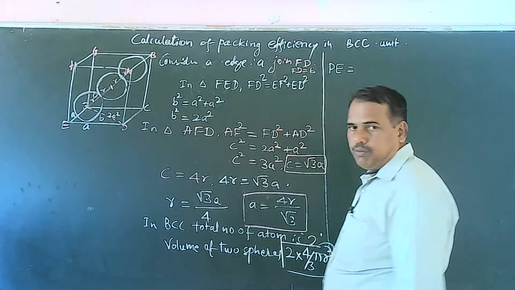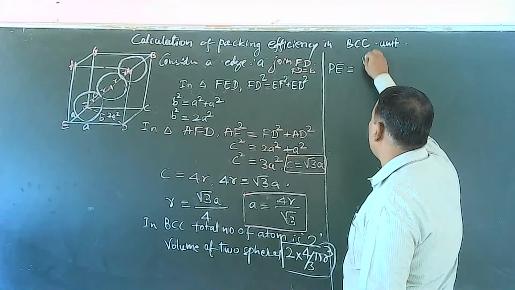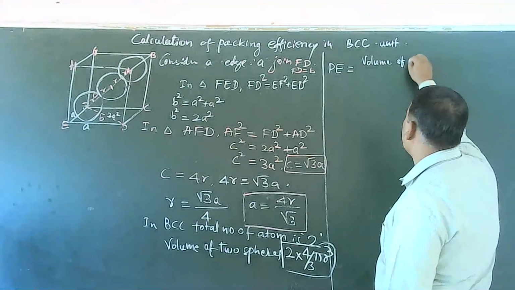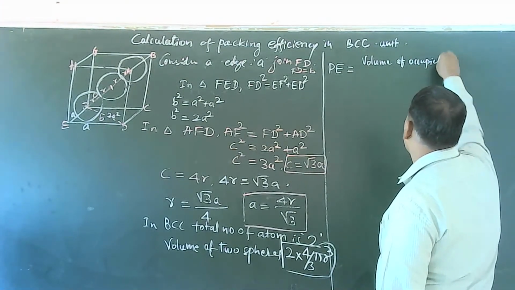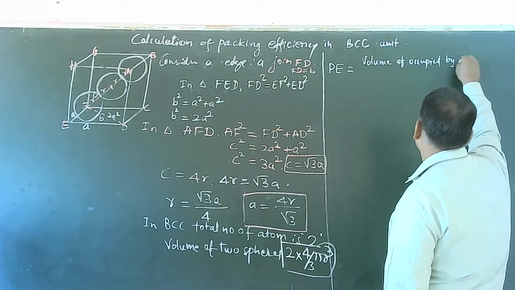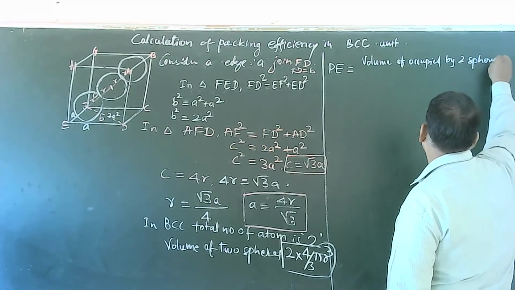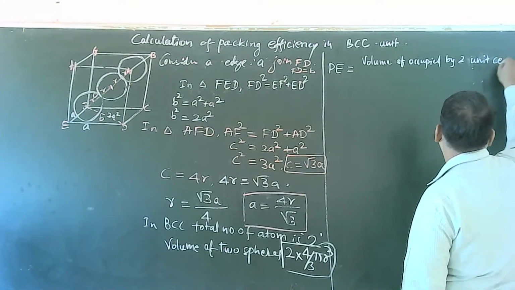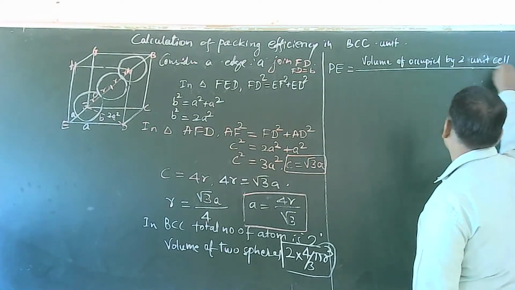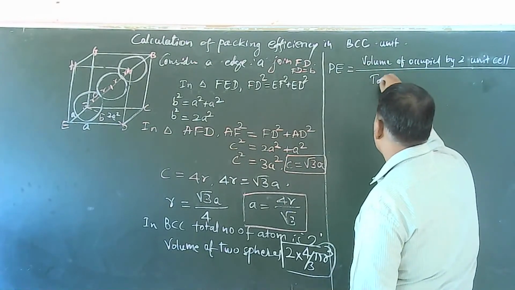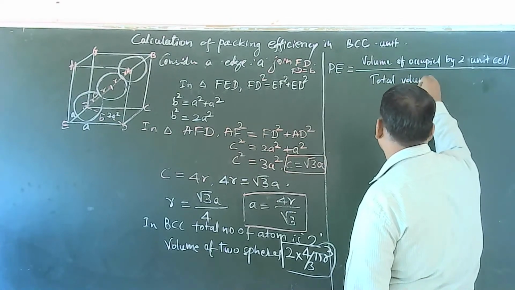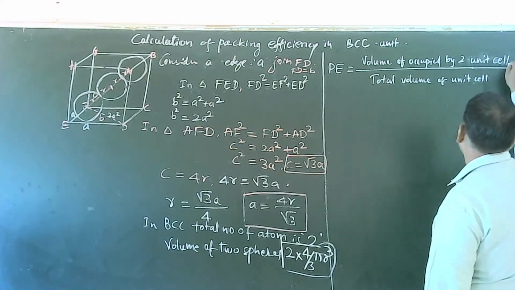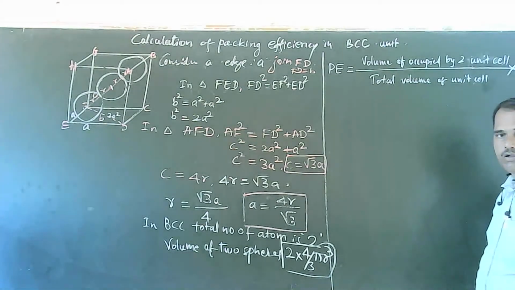Packing efficiency is equal to volume occupied by two spheres in the unit cell divided by total volume of unit cell into 100.